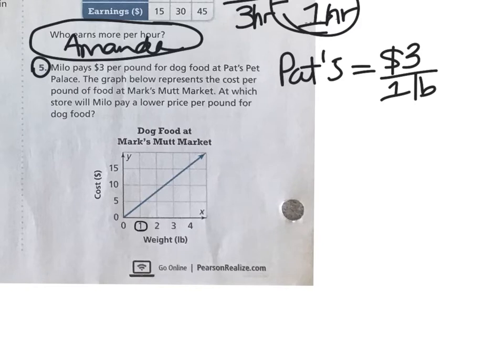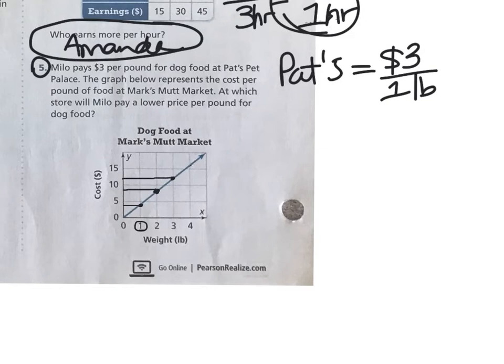At 1 pound, we see that it's not quite $5. At 2 pounds, we're talking about a point that's about halfway, maybe a little bit more than halfway between the 5 and the 10. At 3 pounds, we're looking at a cost that is probably just under halfway between the 10 and the 15.